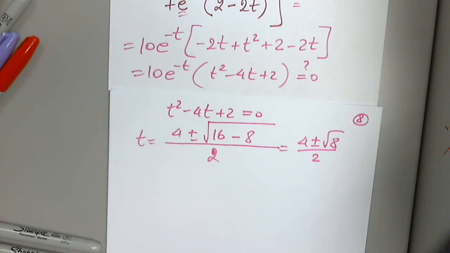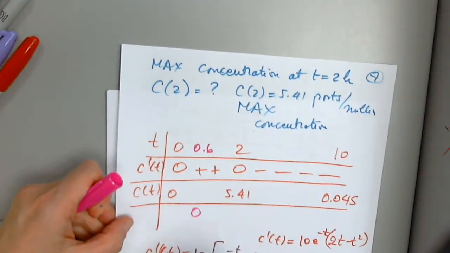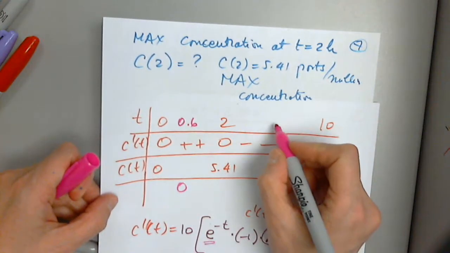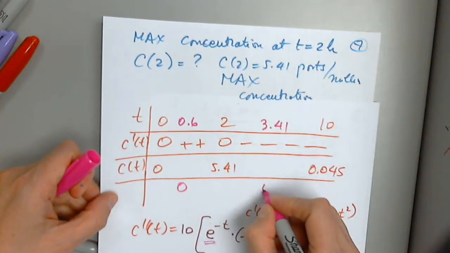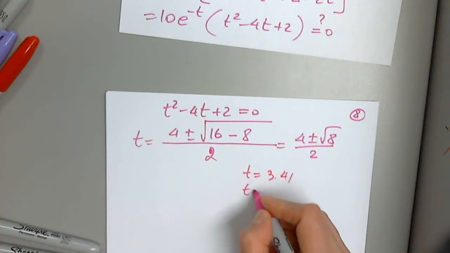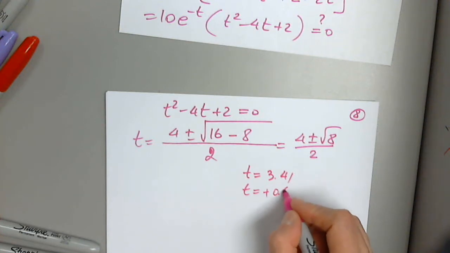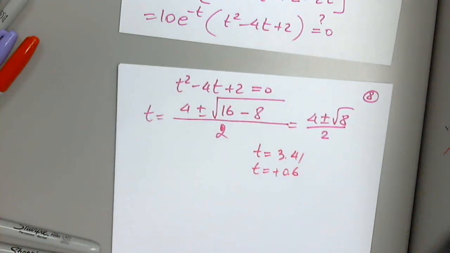And then the other one with minus. Good. So I'm going to put 0.6 and 3.41. So t equals 3.41, and t equals, I'm sorry, of course, 0.6.